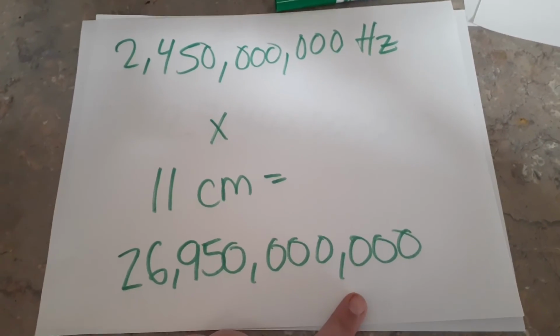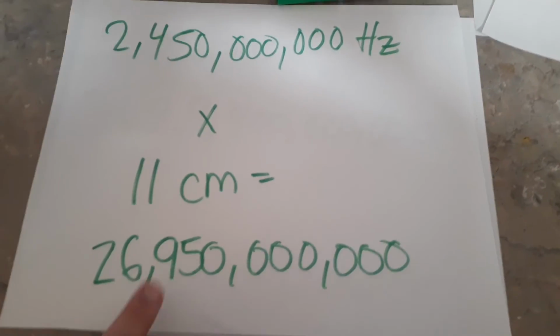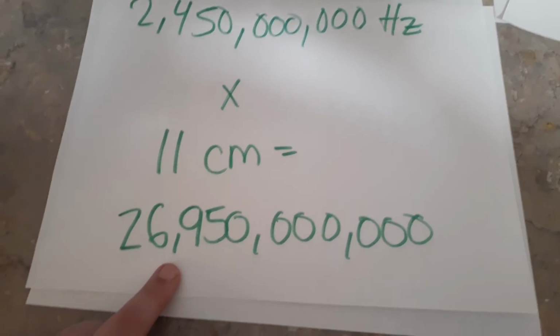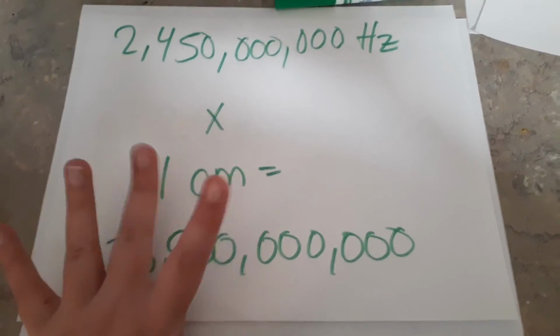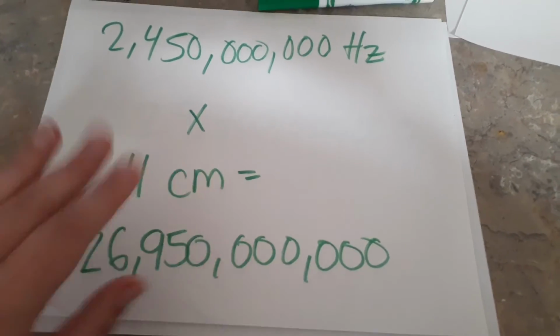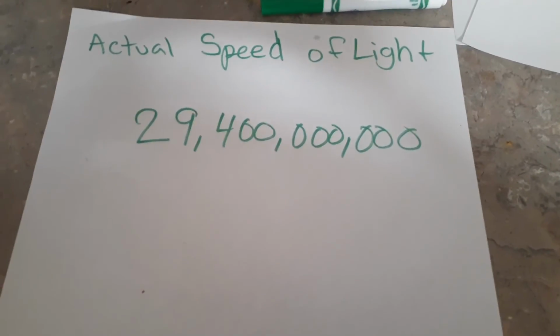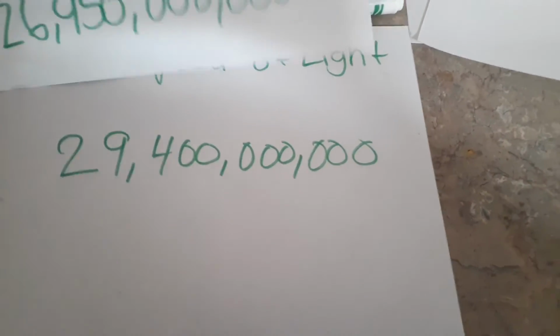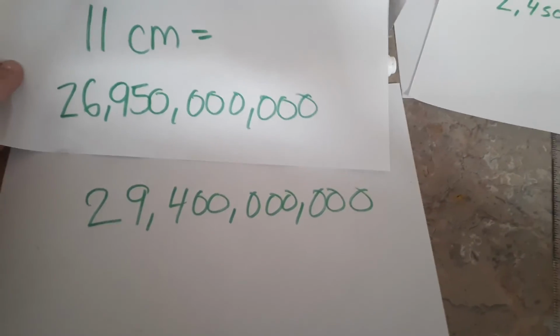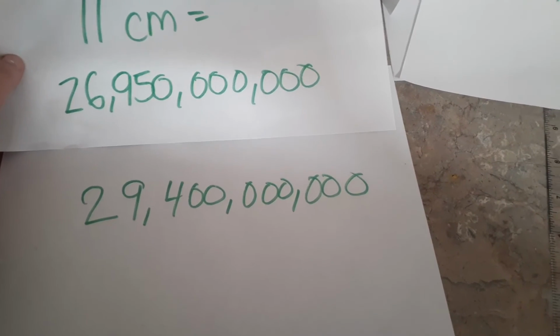I think I said that right. So now we're going to compare this to the actual speed of light. Drum roll. That's kind of a sad drum roll. And it's 29,400,000,000. So as you can see, our numbers were kind of close.